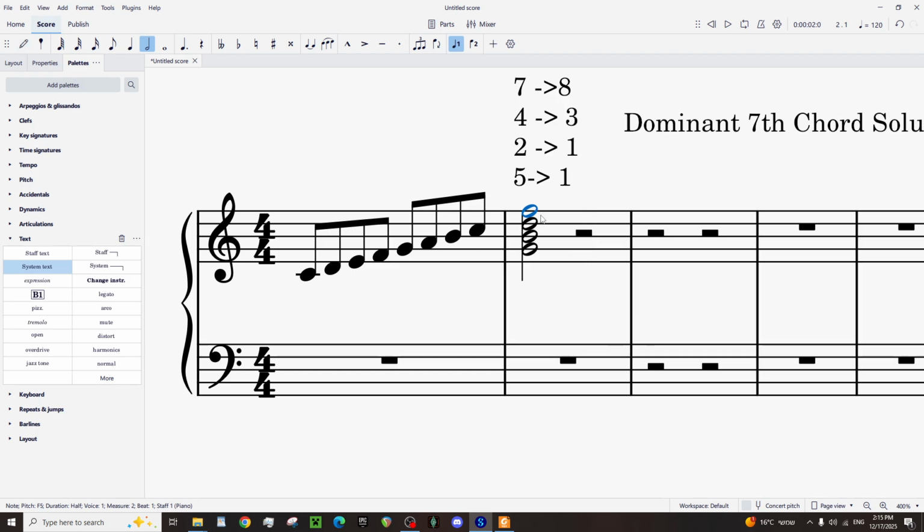If we play the G dominant chord, the G will always go down to C, because the fifth degree will go to 1, or basically from G to C. And the second degree, in this case D, would go down to C. So you can see here, from D to C. And the fourth degree, which is an F, would go down to E.